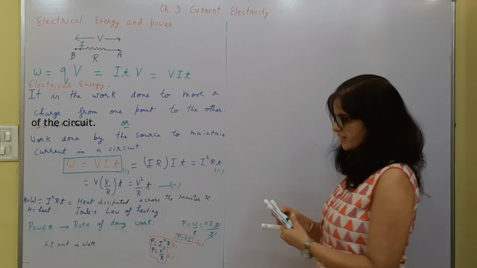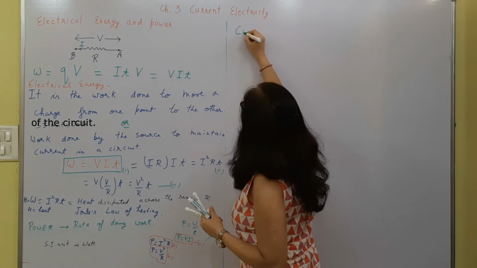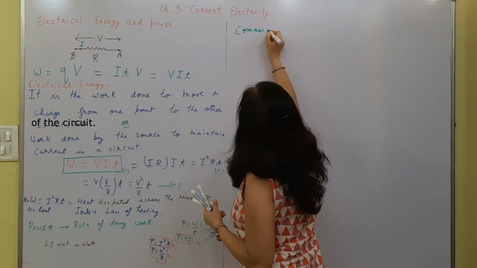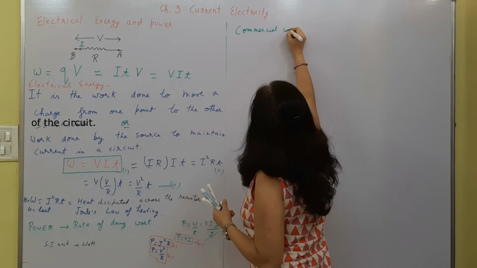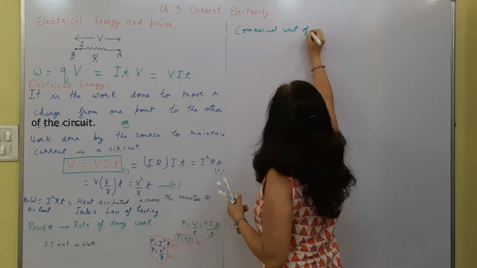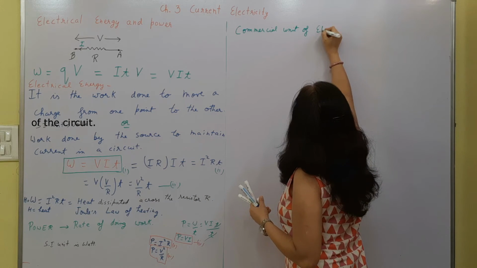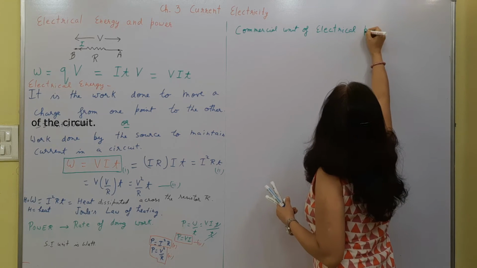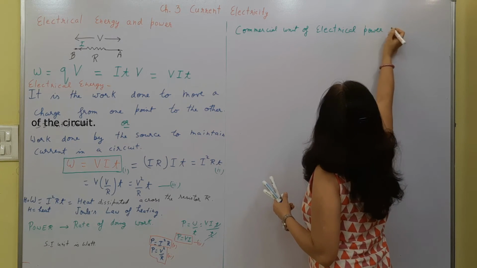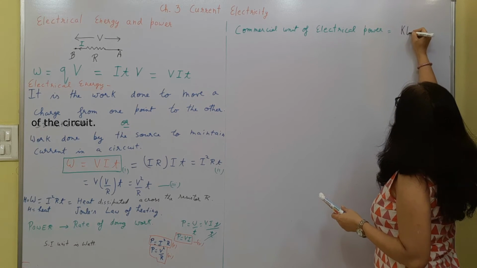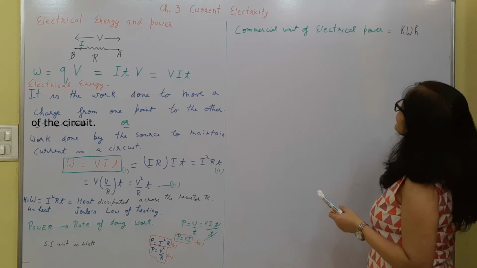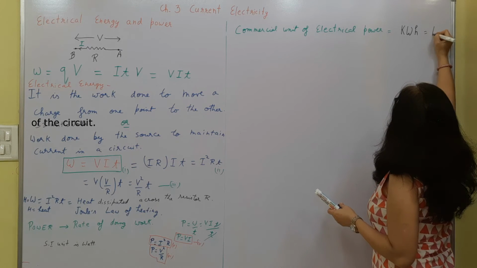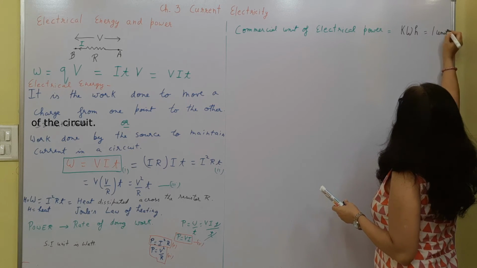Now, let's talk about the commercial unit of electric power. You have studied this in 10th standard. Kilowatt hour. This is also called 1 unit of electricity.